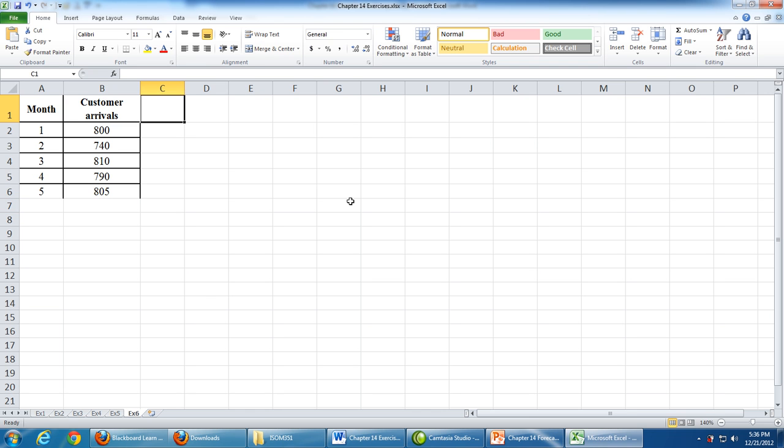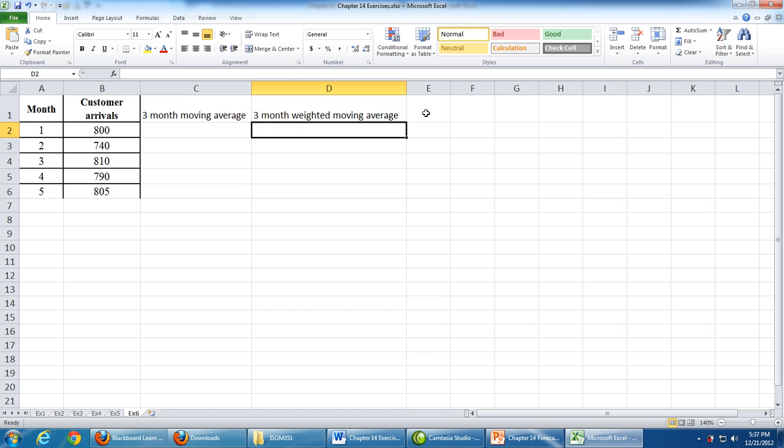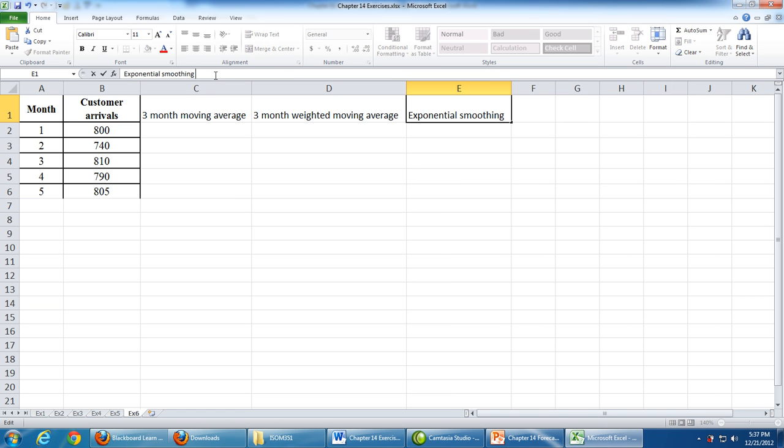We want to find first the 3-month moving average, and we have the 3-month weighted moving average, and then with the last one we have exponential smoothing with alpha 0.2.